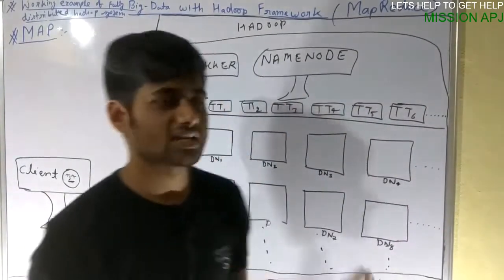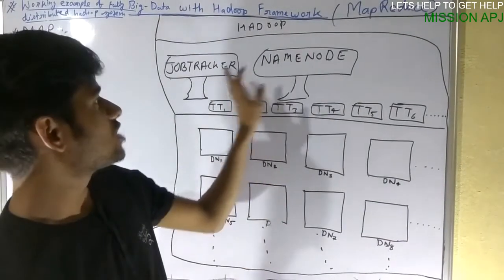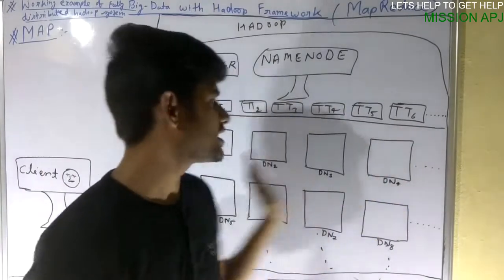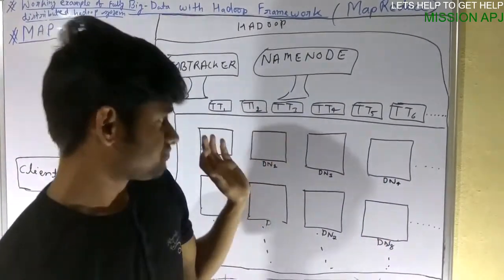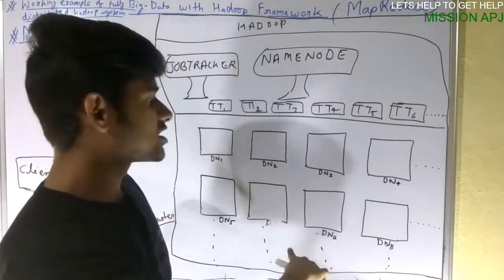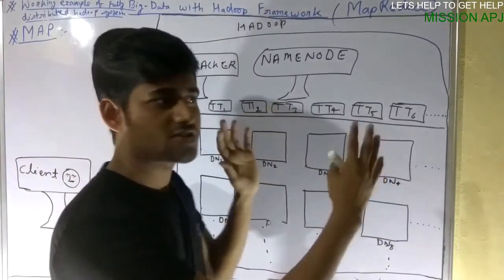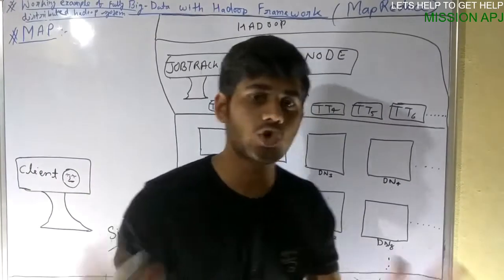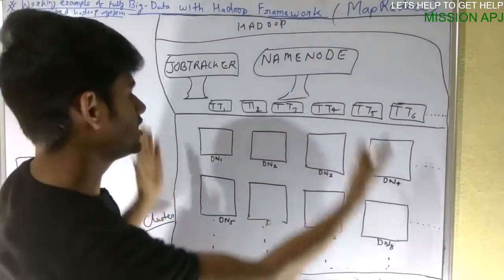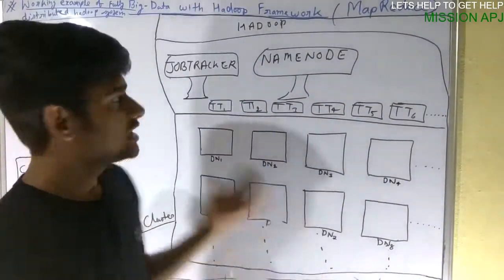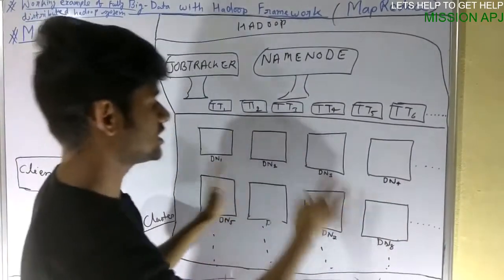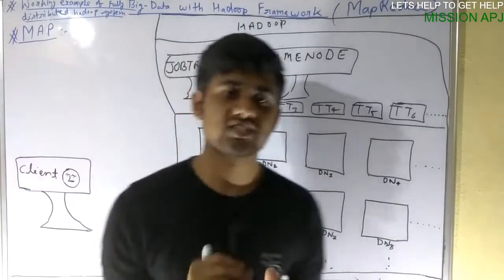I am taking an example of a single cluster which involves a single job tracker, single name node, several task trackers and several data nodes. Similarly, lots of clusters are present. Suppose a client has stored its own data in a single cluster.